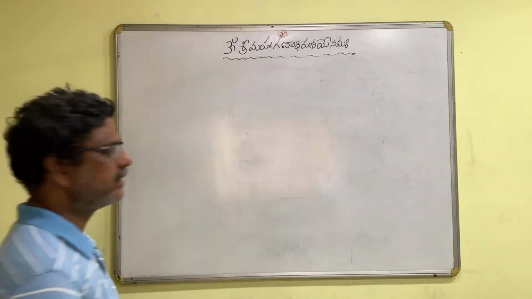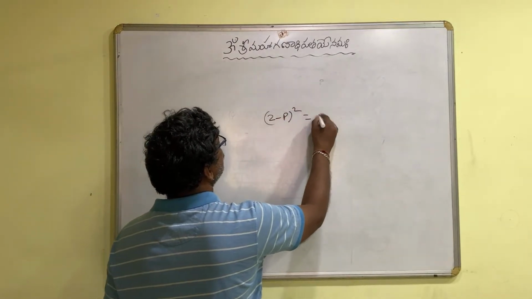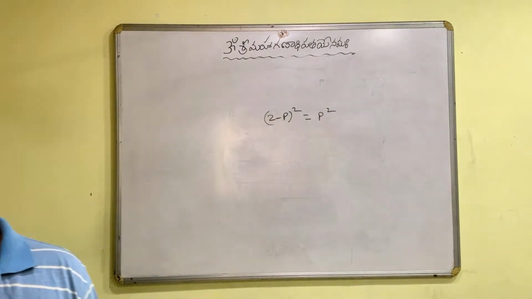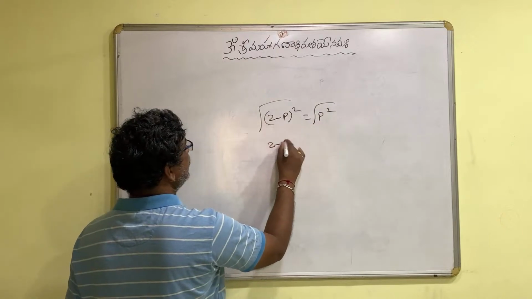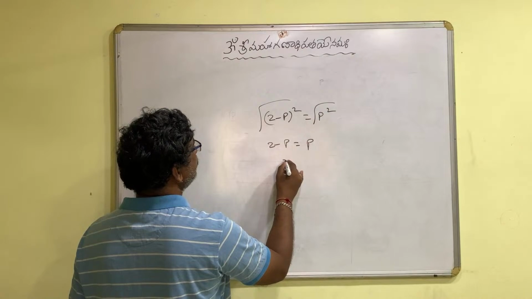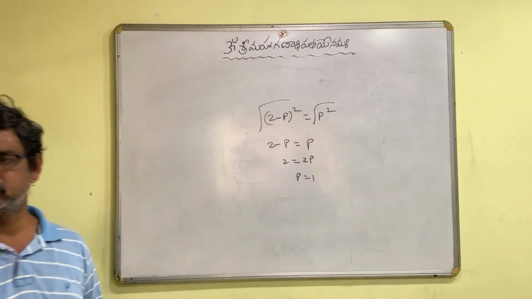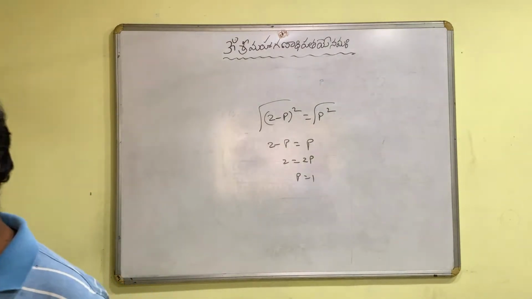See, what we have is 2 minus p whole square is equal to p square. If you take square root on both sides, you will be left with 2 minus p is p. Then 2 is equal to 2p. Then p is equal to 1. You can do that.